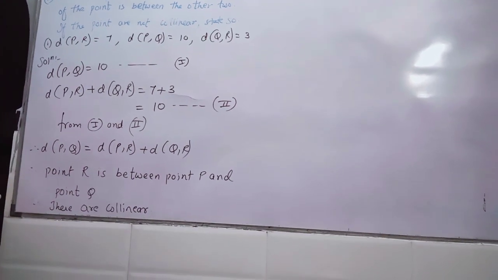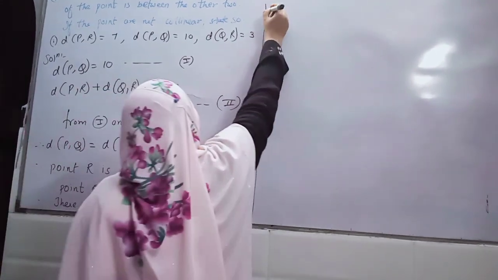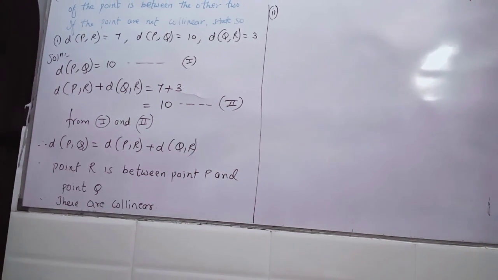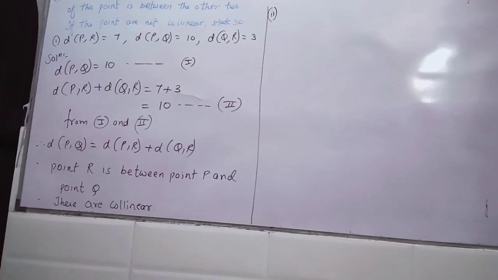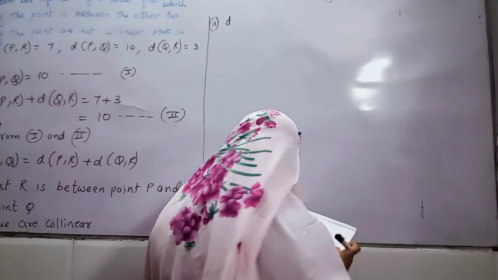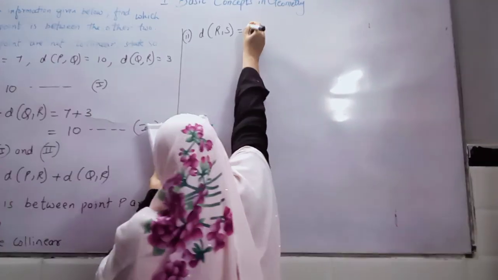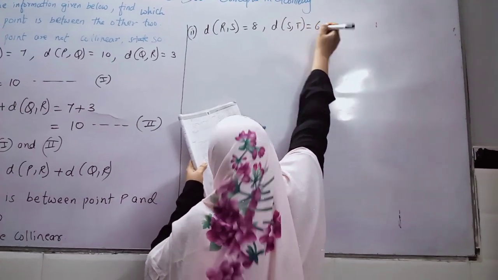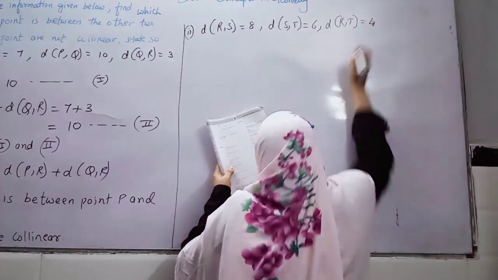Understood, students? Okay. Now we are going to do the second one. The second question: distance of RS equals 8, distance of ST equals 6, and distance of RT equals 4.